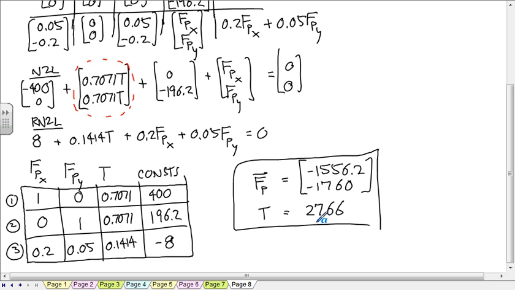So plug 2766 in for T, and that would give you the force vector. But on the exam, we can just leave that as a scalar? Well, if I ask you for it as a vector, I'd like you to give it as a vector. Otherwise, that's fine, unless I specify the vector.